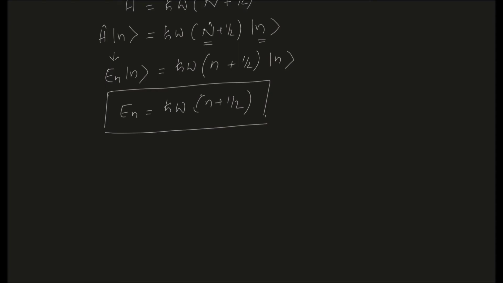So this is the energy eigenvalue of the harmonic oscillator, where this n is a positive integer, which we will see soon. At this moment we don't have any idea what the nature of this n is, but we will see soon that this n will give you positive integers. Okay, so this is the energy eigenvalue of the harmonic oscillator.